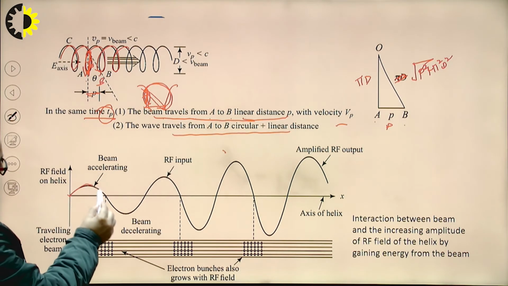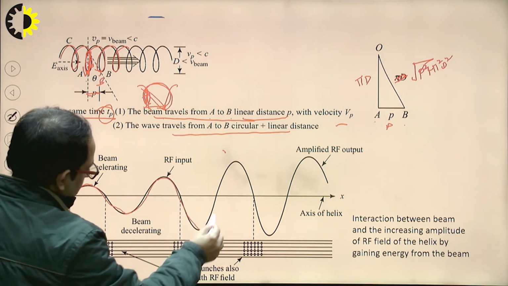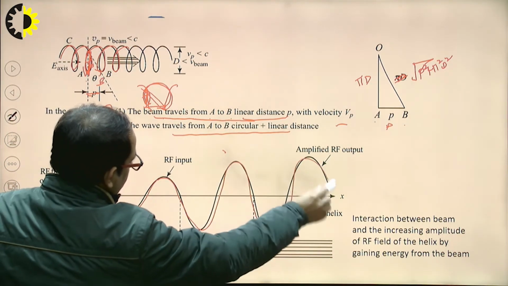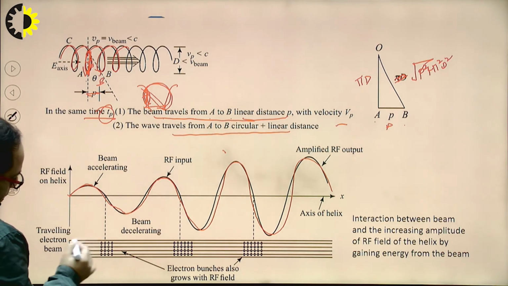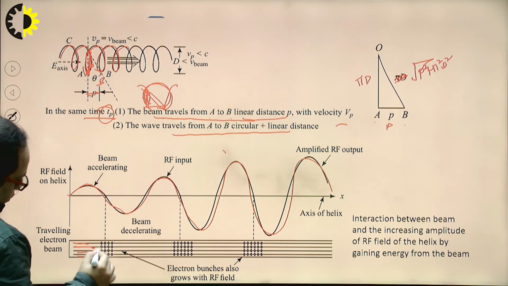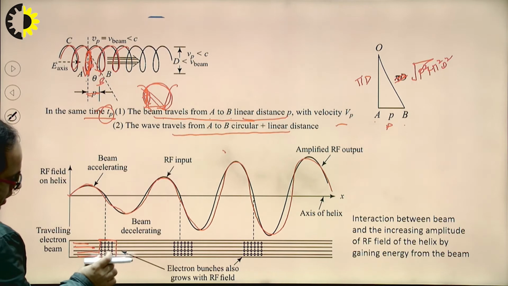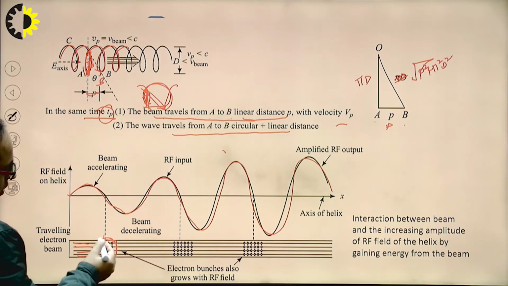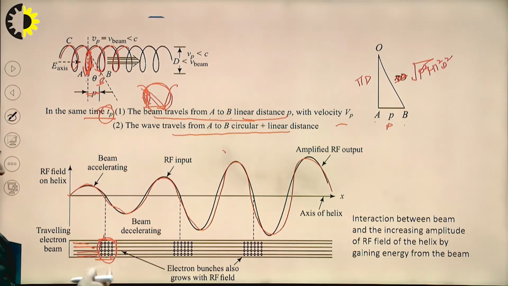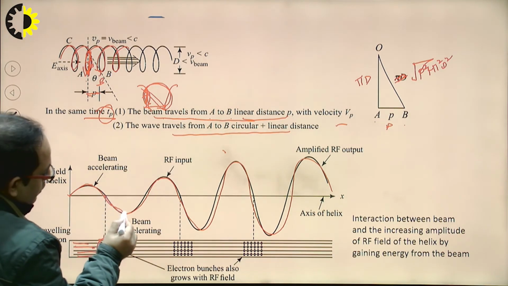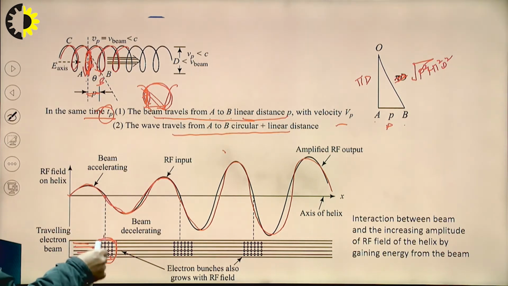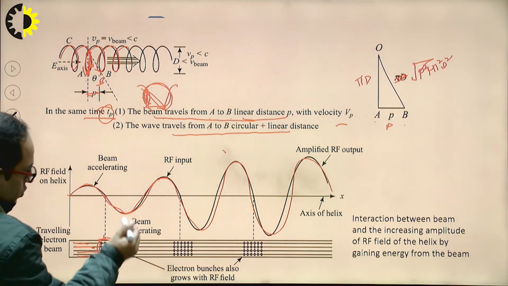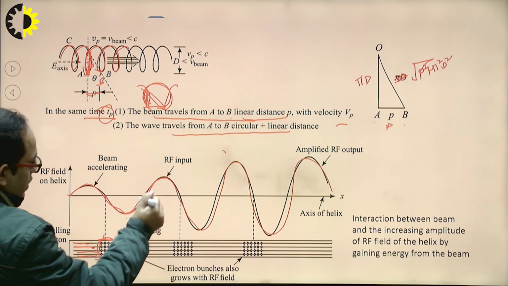Now see this one. This is the RF field, and this is electron bunching. When this electron bunching interacts with the negative cycle, it transfers its energy to the RF field, and you will see that the wave gets amplified.